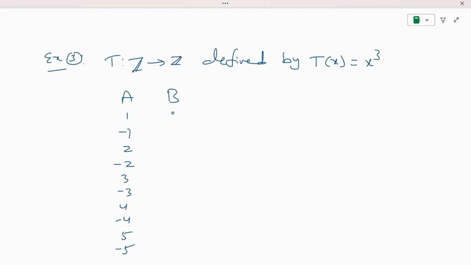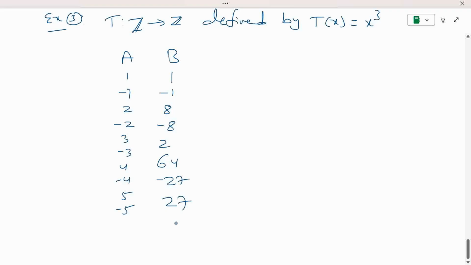So I will take 1, minus 1, then just for mapping convenience I will take 8, minus 8. Similarly I can take 2, for example, any integer we may take, like 64, minus 27, 27, 3.